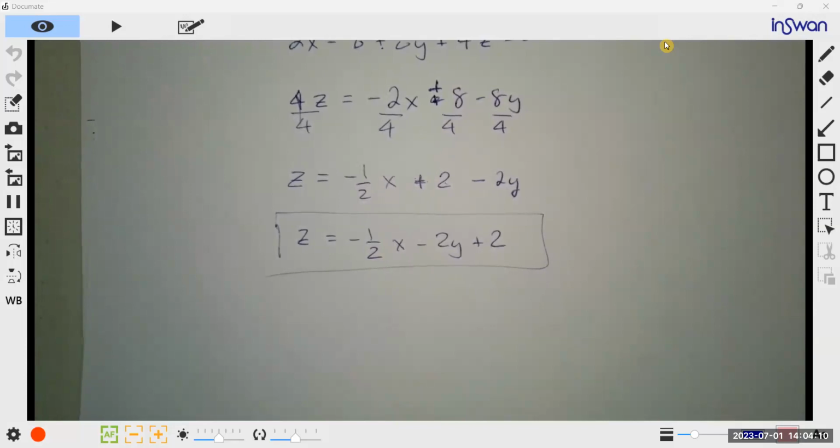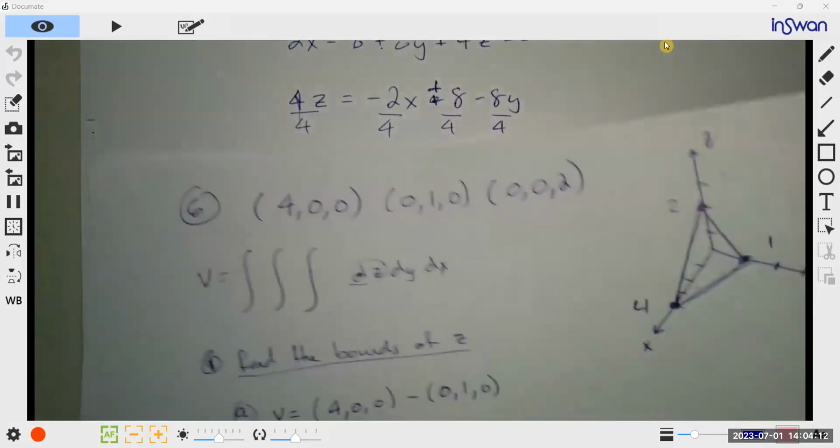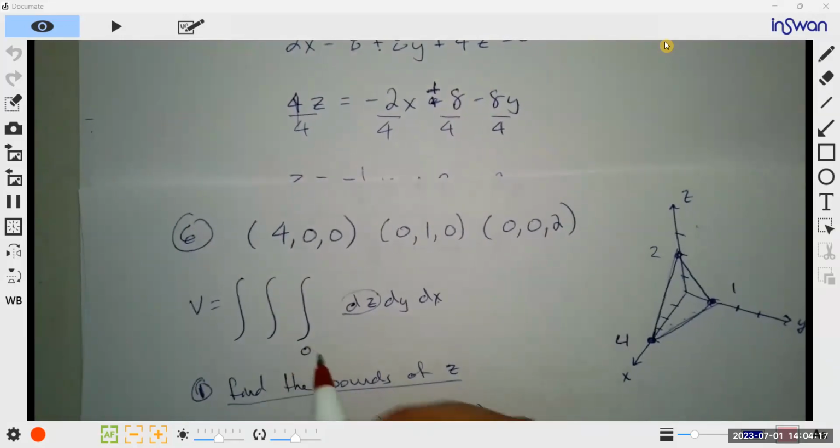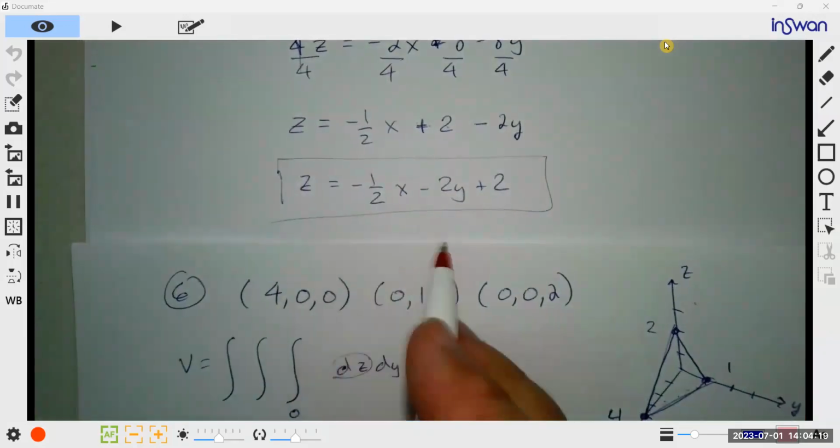Where's my first page? So that's the first bound of integration from 0 to that equation.